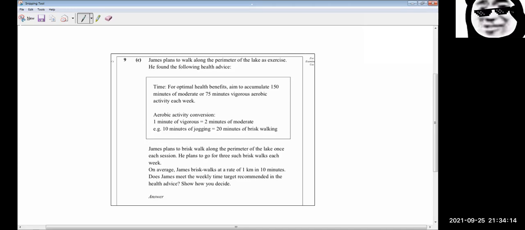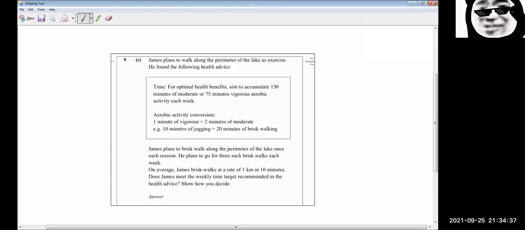1 km in 10 minutes. That's really fast. 1 second, how much? 1,000 divided by 600.